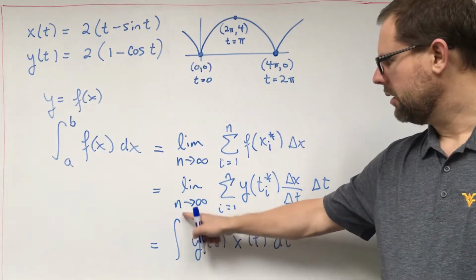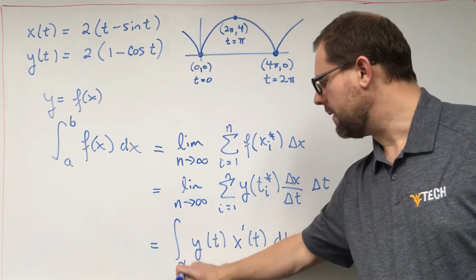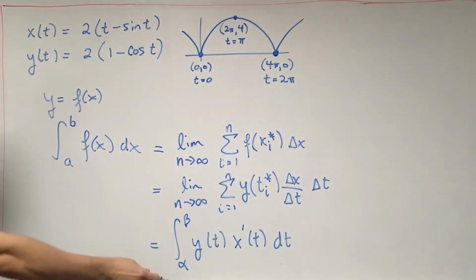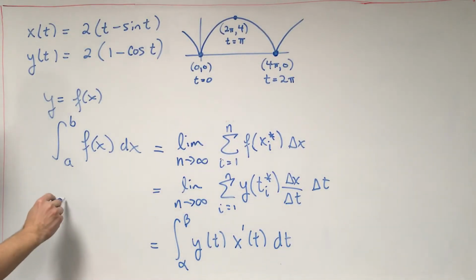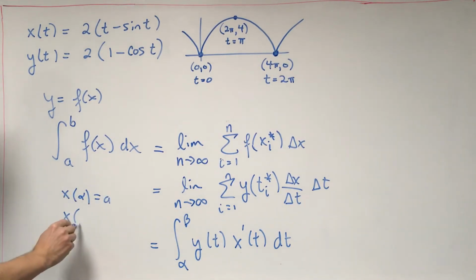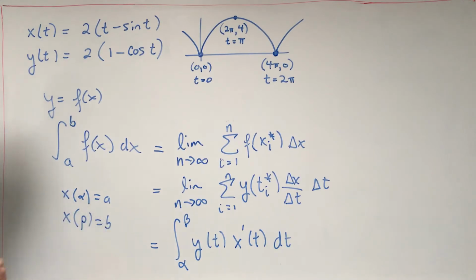We need to know that we're going between two t values, and so what I'm going to do is point out that I'm using alpha and beta, where x of alpha is a and x of beta equals b. And so this was an integral defined using x values.